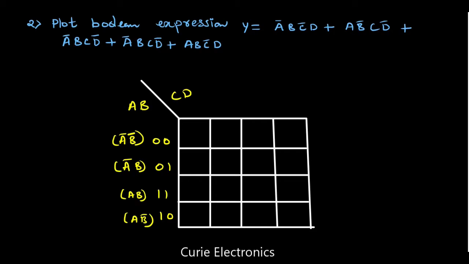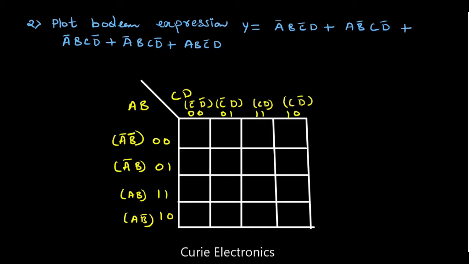We are seeing how to mark the ones in the Karnaugh-MAP as per the given expression. So what about CD? It can take the values 0 0, 0 1, 1 1, 1 0, or we can write it as C bar D bar, C bar D, C D, C D bar.